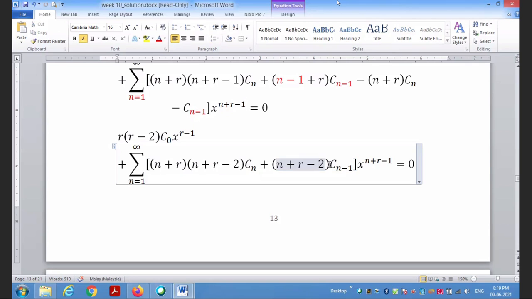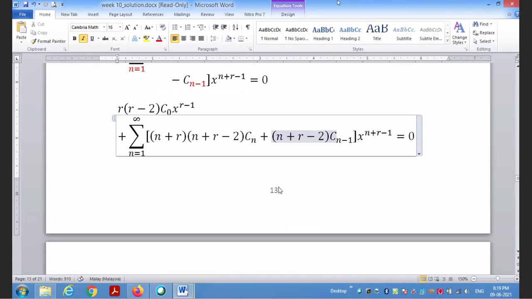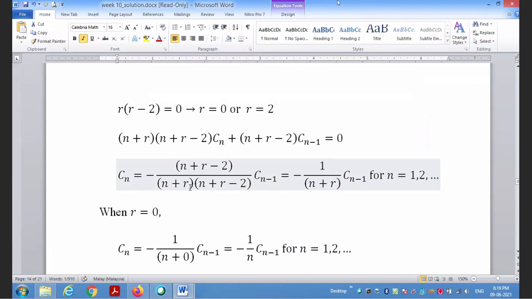That means all this term must equal to 0, and then we can express Cn in terms of Cn minus 1. And we do this, and then we will get Cn equal to minus 1 over n plus r times Cn minus 1. It's better for you guys to simplify this.